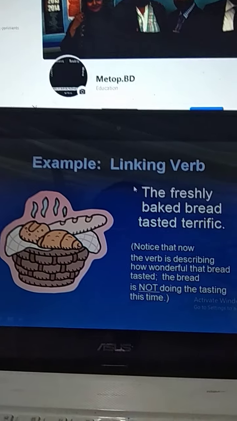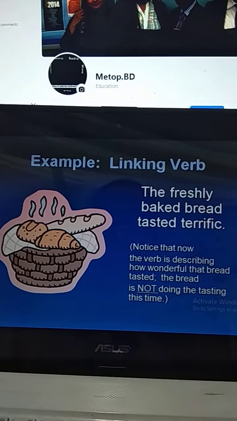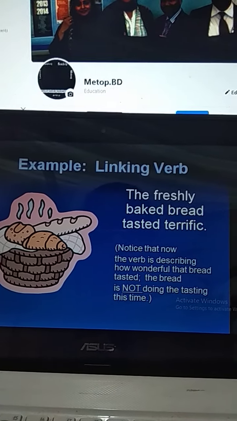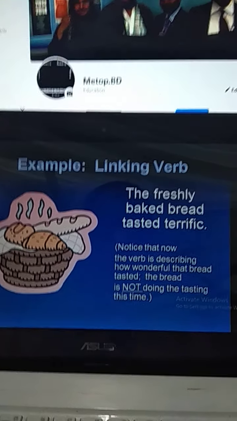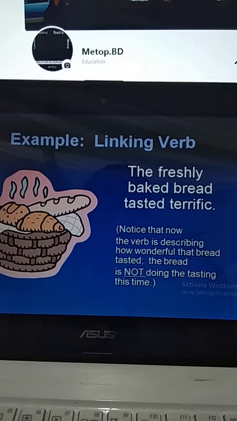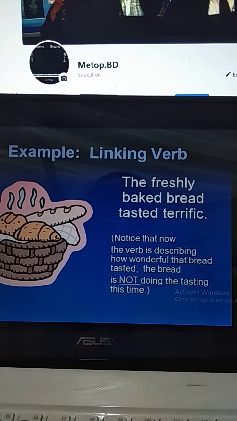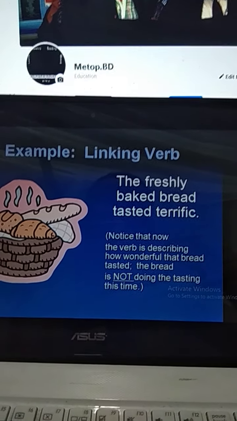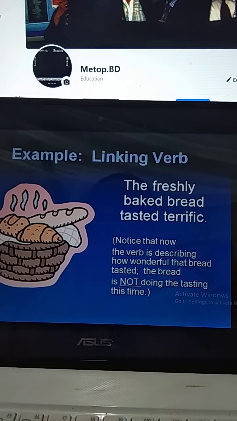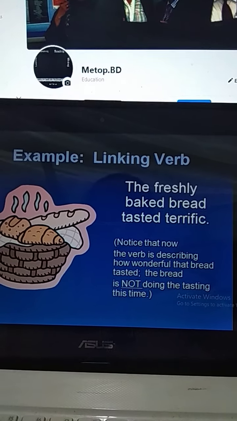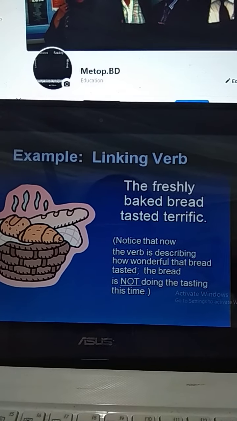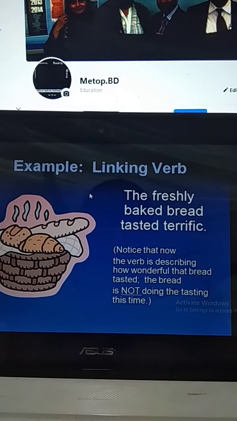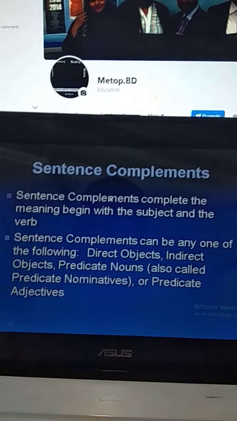Okay, next example, linking verb. The freshly baked bread tasted terrific. Notice that now the verb is describing how wonderful that bread tasted. The bread is not doing the tasting this time. Isn't it interesting? Yeah, of course.